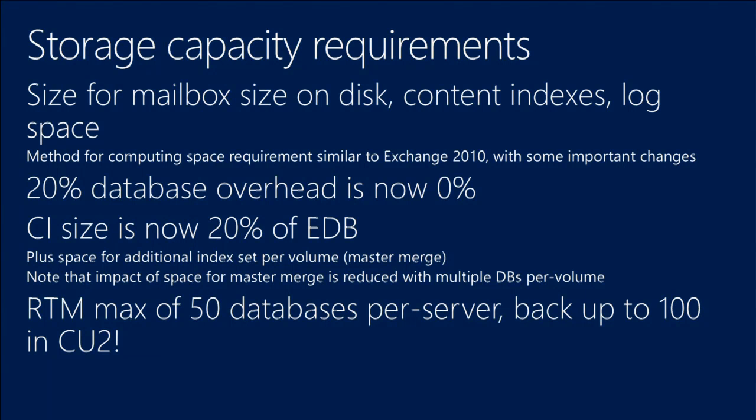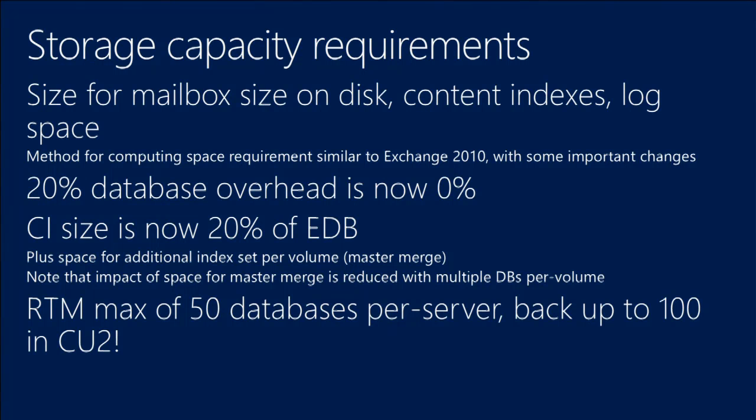But if you have multiple databases per volume, which is something we're advocating as potentially a best practice in 2013, depending on your requirements, that additional index set is really per volume. It's not per database. So the impact of that additional space for master merge is much lower on a percentage basis if you have, say, 4 databases per volume. You would size for 20% of each one of those 4 databases, and then you'd only need one additional 20% rather than doubling everything.